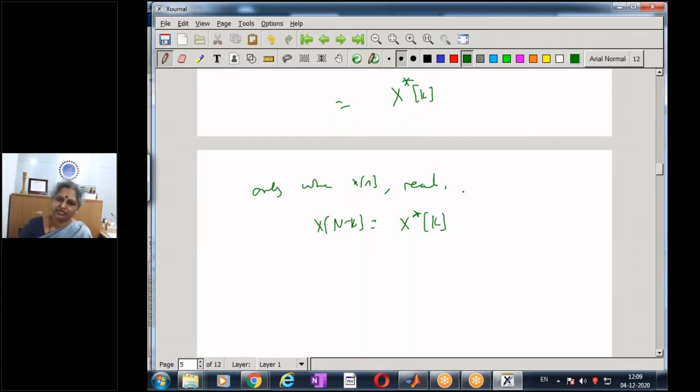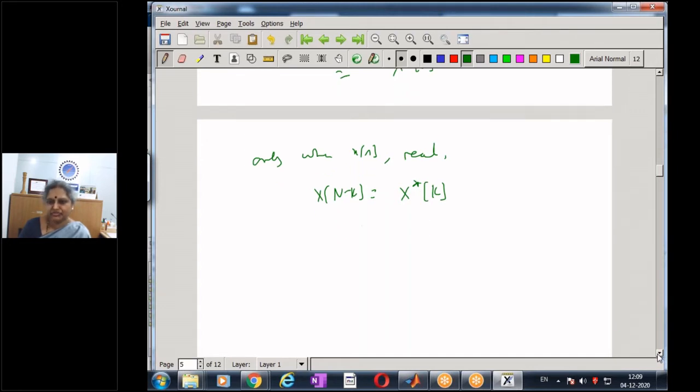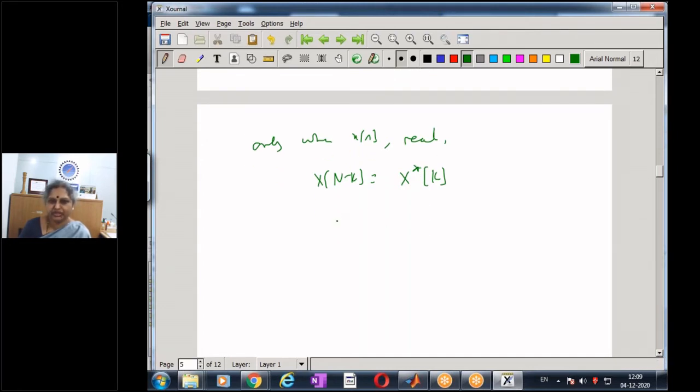All physical signals, all real time signals are real, and hence we have the symmetry property. Because of the symmetry property, what we get is modulus of X of k has an even symmetry, and similarly, the phase angle of X of k has an odd symmetry.